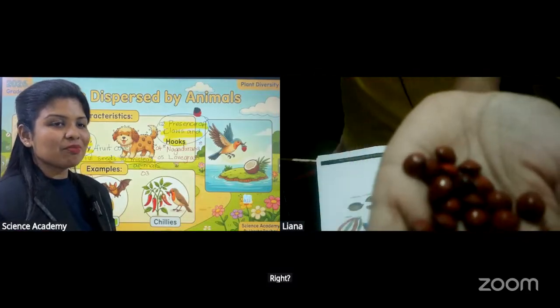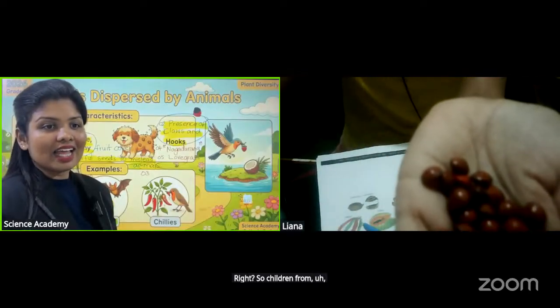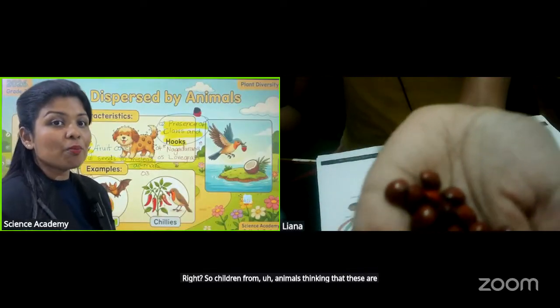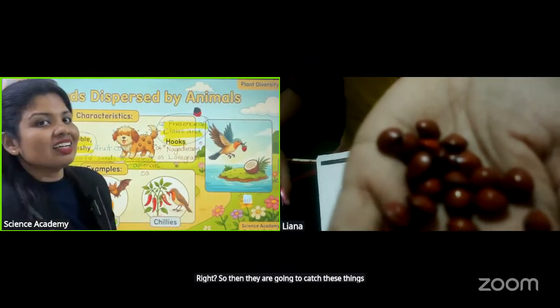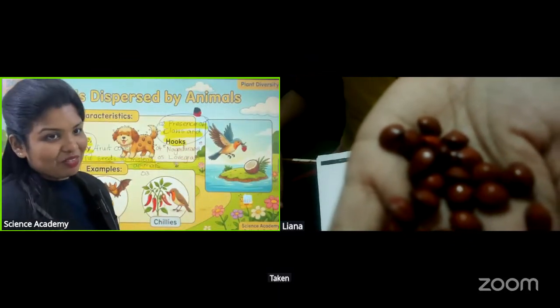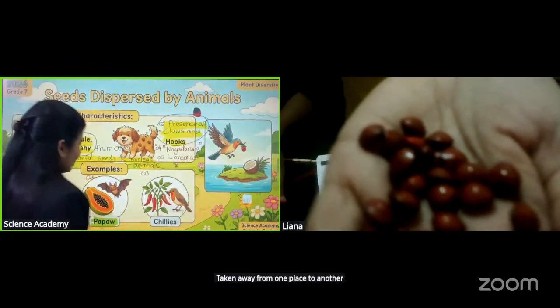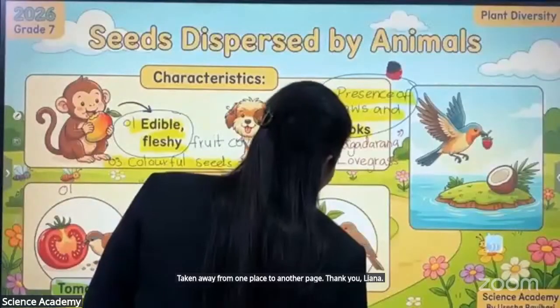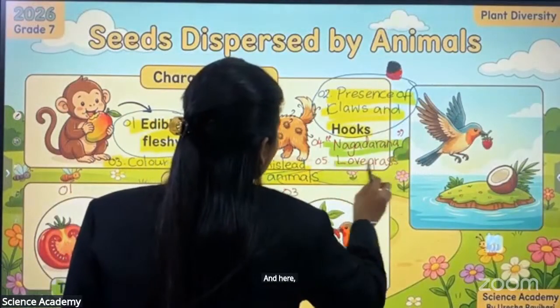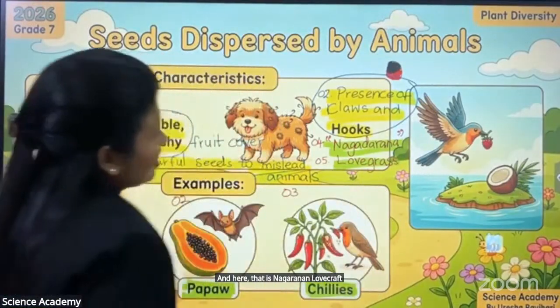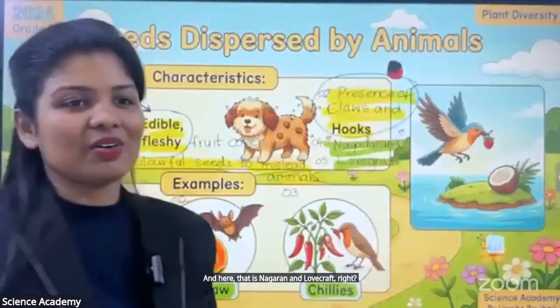So children, some animals think that these are ladybirds or bugs, so then they catch these things and take them away from one place to another. Thank you. And here, that is Nagadharana and love grass, right?